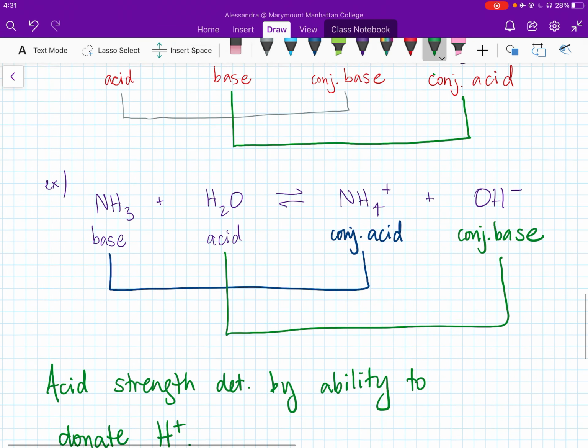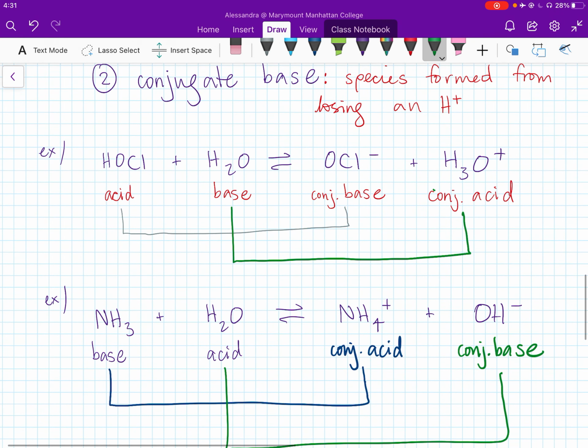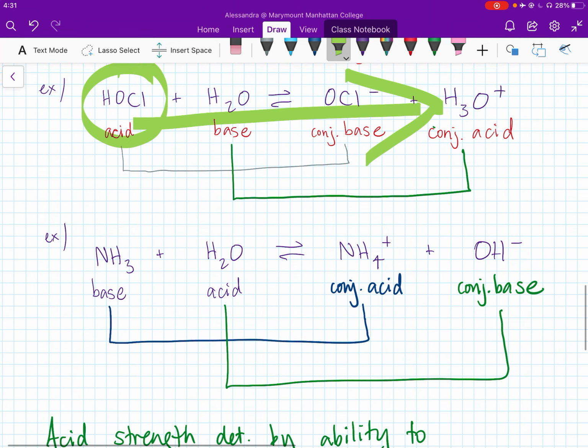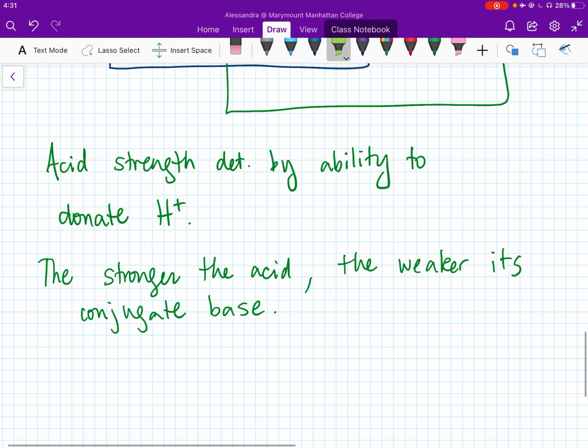Let's go back to the HOCl example. The stronger the acid, the more this equilibrium is pushed forward to the right. So that depends on having a relatively weak conjugate base on the product side. The relatively weak conjugate base does not have much ability to push the reaction to the left towards reactants. So the stronger the acid, the weaker the conjugate base.